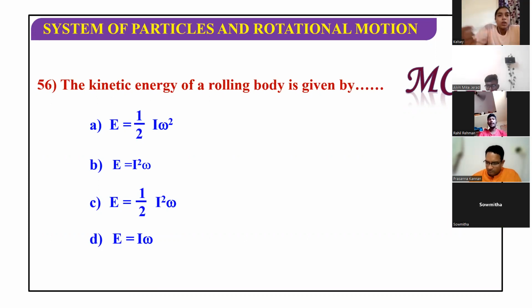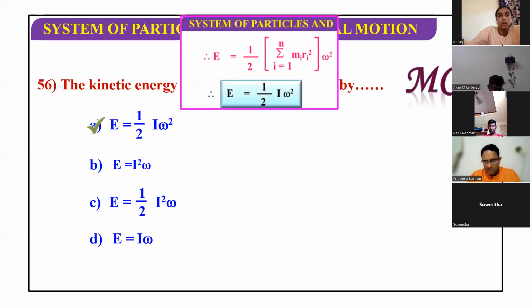It should be the kinetic energy of rotation plus the kinetic energy of linear motion. So half I omega square plus half mv square. Anyways, for a rotating body, it's half I omega square. When it's rolling, you should also add half mv square.